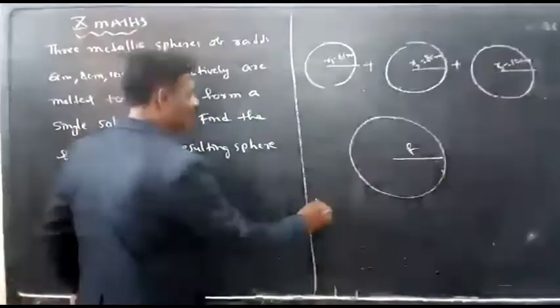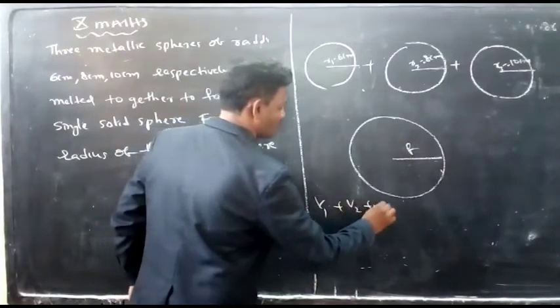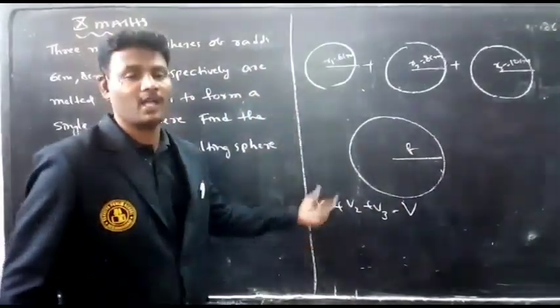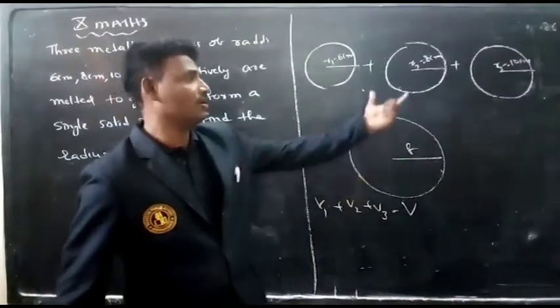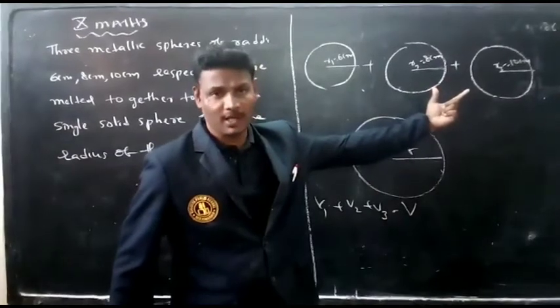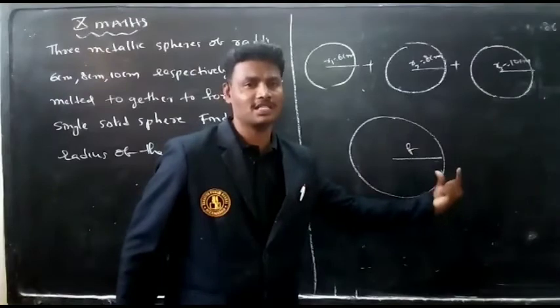So what can we write here? V1 plus V2 plus V3 is equal to V. V1 is the volume of the first sphere, V2 is the second sphere, V3 is the third sphere, and capital V is the volume of the largest sphere.